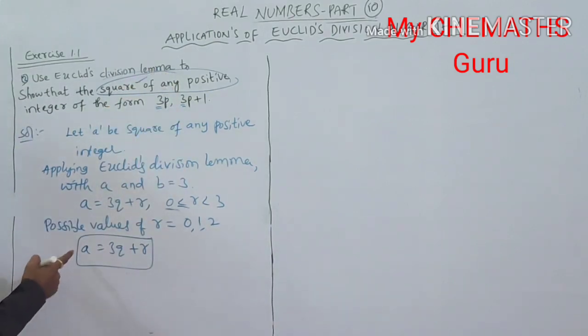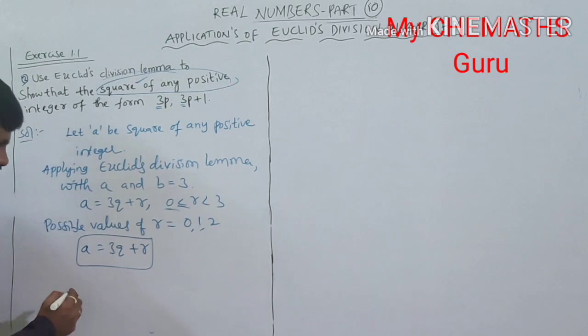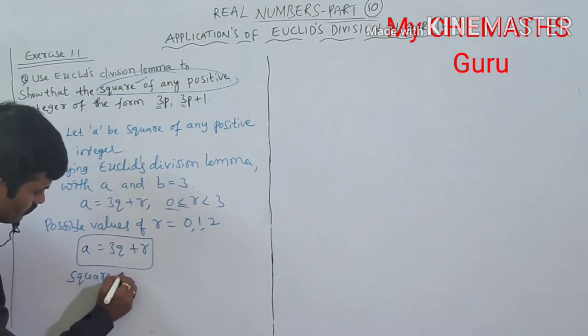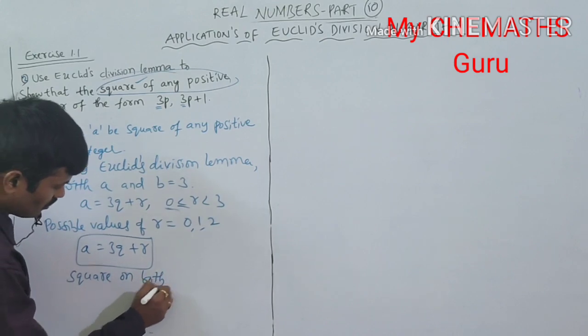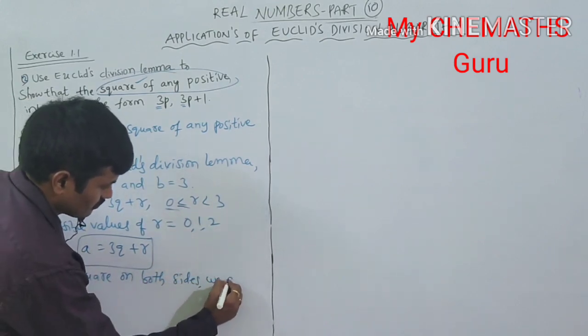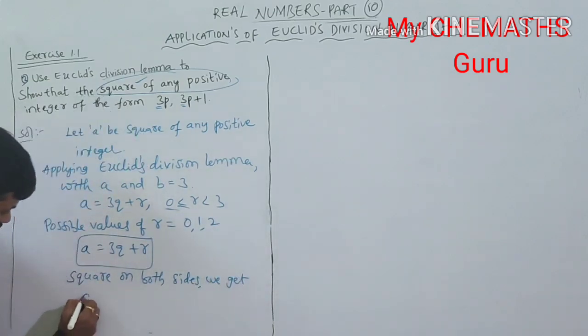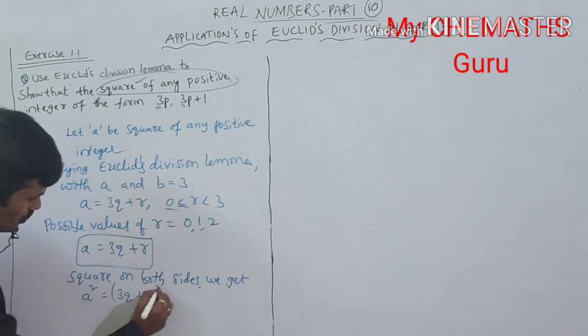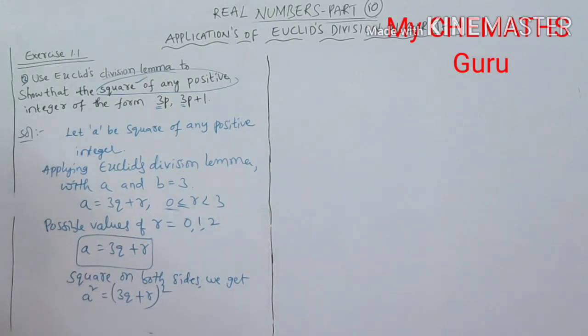So find the square of a. How to find? Square on both sides. Then we get a square is equal to (3q plus r) whole square.